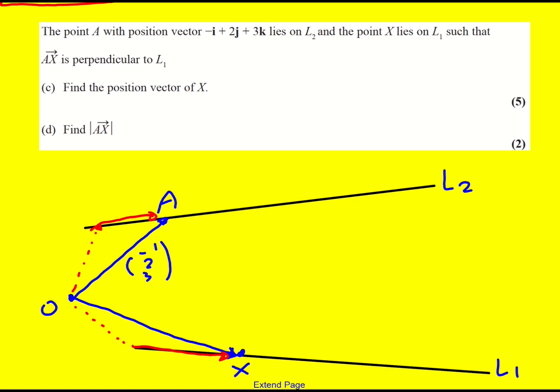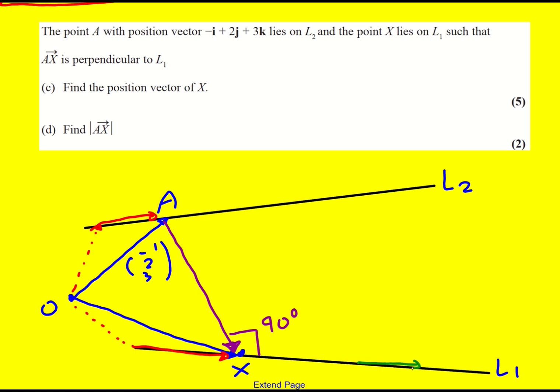We're then told one other piece of information, that AX, so if I draw that in, is perpendicular to L1, so a right angle here. We're asked to find the position vector of X.